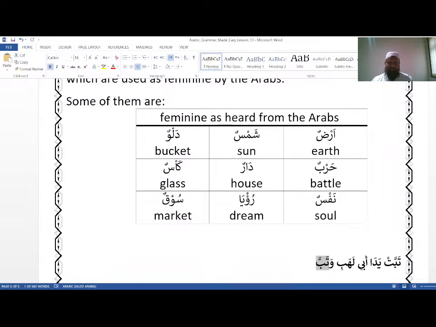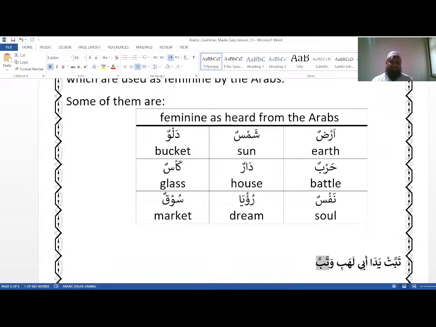Then we've learned ajwaf, where alif comes in the middle. Then we've learned naqis, where alif comes at the end of the fi'l. Then we've learned muda'af. Out of the 3, which type is this? Is it ajwaf? Is it naqis? Is it muda'af? Yes, it's muda'af because we can see tashdid on the last letter.